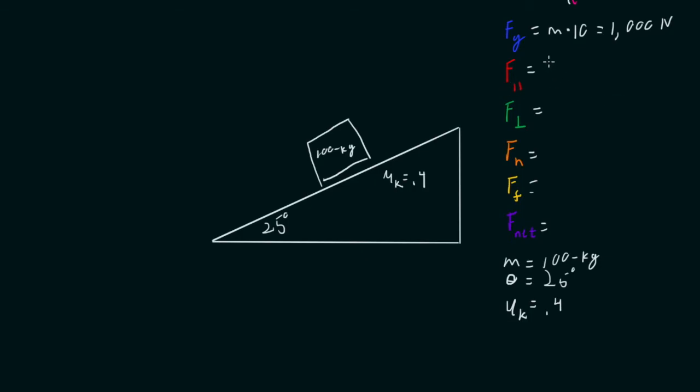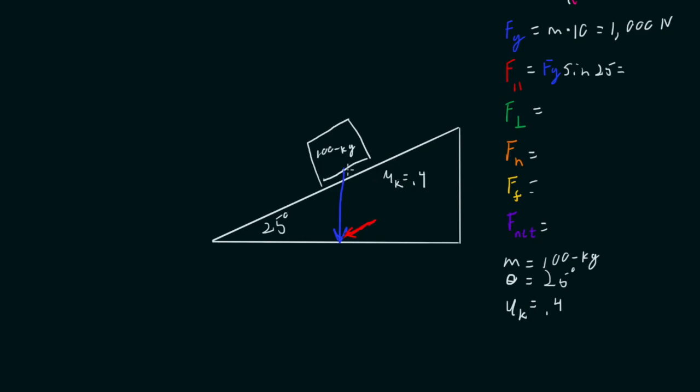Then my force parallel will be my force of gravity times the sine of 25. And that's going to be found because my force of gravity is going to be moving straight down. My force parallel will be the component of that gravity that is moving parallel to that plane.